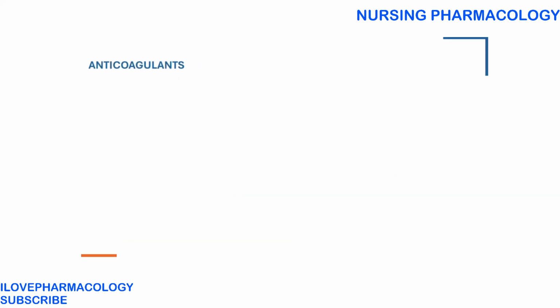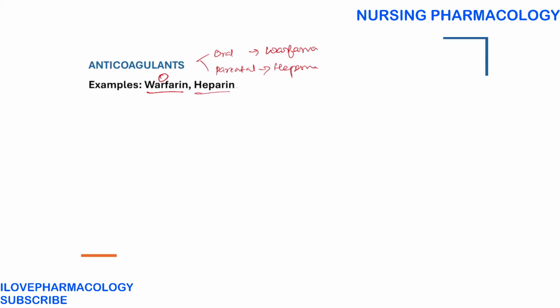So next, coming to the anticoagulants, we have oral anticoagulant and parenteral anticoagulant. Orally you have warfarin, and parenterally you have heparin. Warfarin is given orally, and heparin is given through the subcutaneous route.